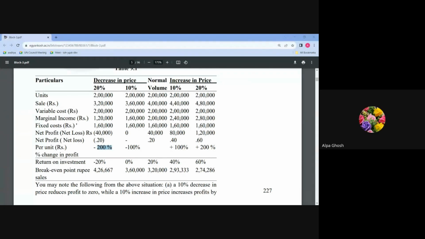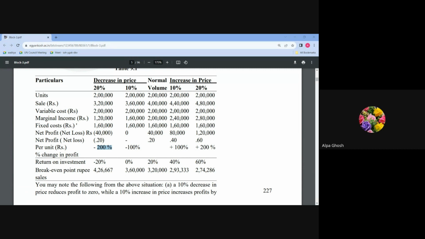In the second case you see the same thing, 40,000 and here it is 0. If we decrease the price so that profit is 0, that means it is a break even point where there is no profit, no loss. That is why it is minus 100%.